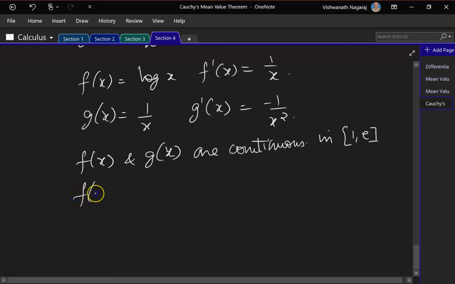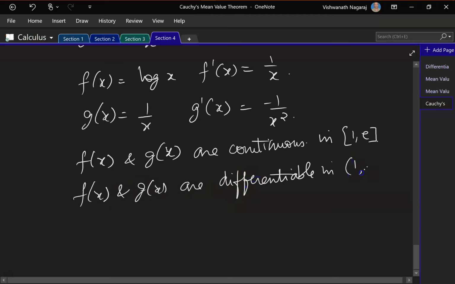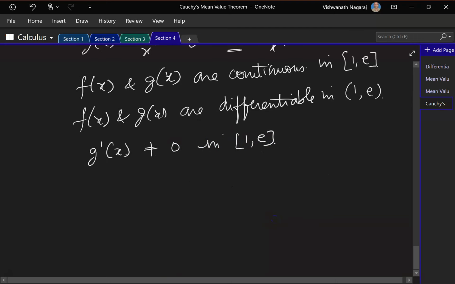Similarly, f of x and g of x are both differentiable in the open interval 1 comma e, and we know that g prime of x is not equal to 0 in the interval 1 comma e. So all the three conditions are satisfied.